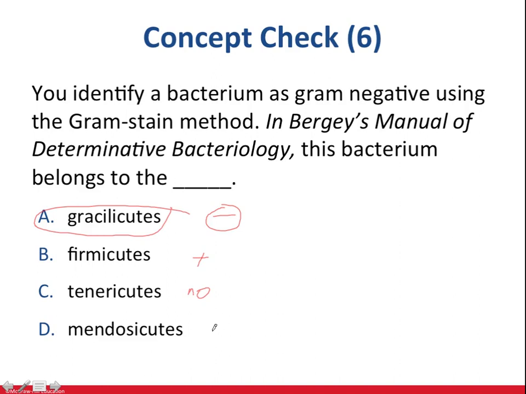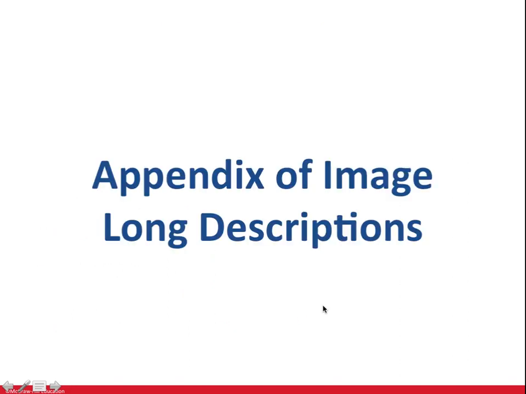And Mendosicutes is for the archaea, which are also not for gram staining.